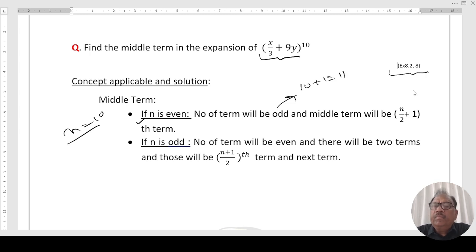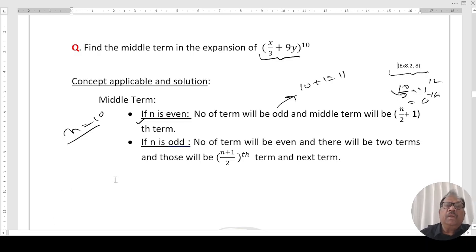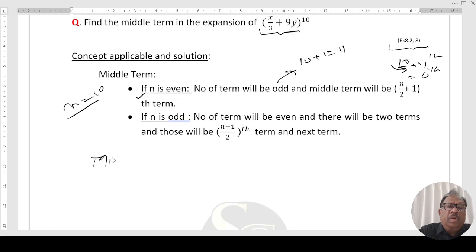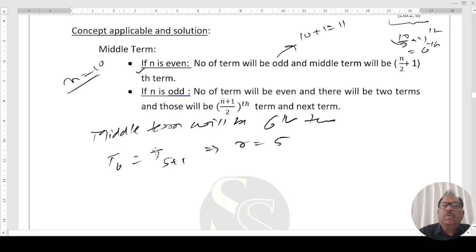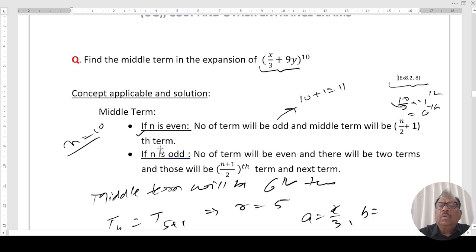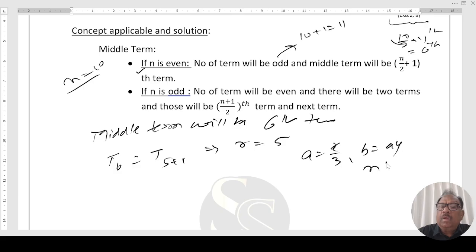The middle term will be the 10 by 2 plus 1 th term, that is the 6th term. The 6th term will be the middle term. Therefore, T6 will be equal to T5 plus 1, means r equal to 5, a equal to x by 3, b equal to 9y and n equal to 10.